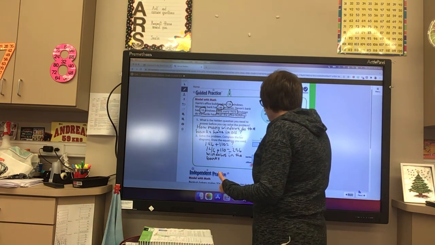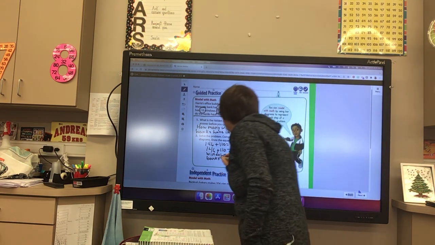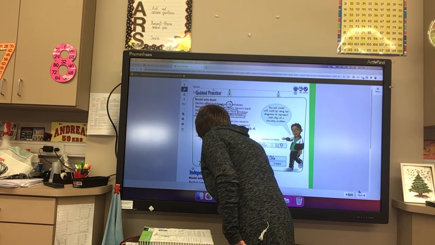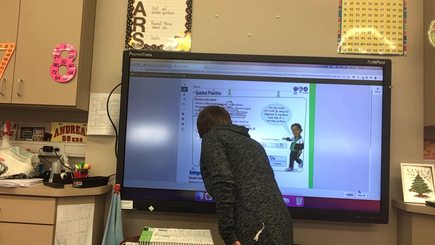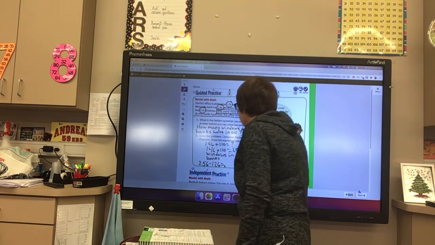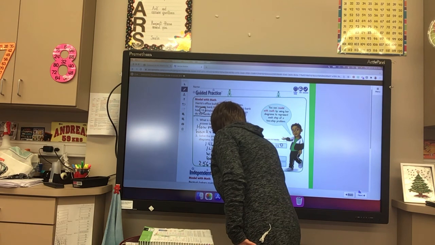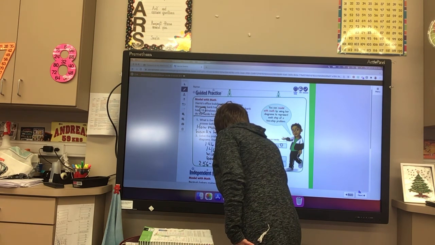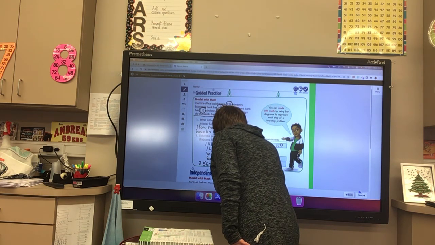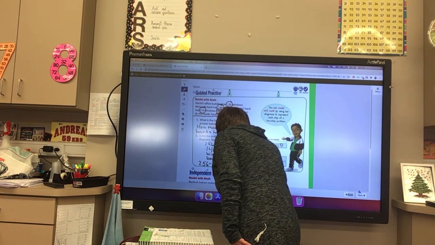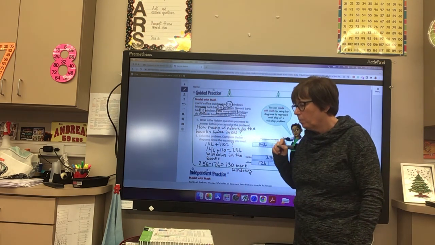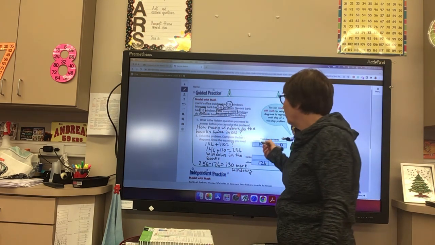So I'm going to subtract 256 minus 126, and that is going to equal 130. 130 more windows. Okay, 130 more windows for the banks.